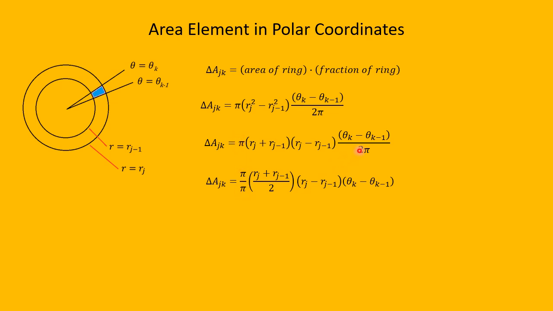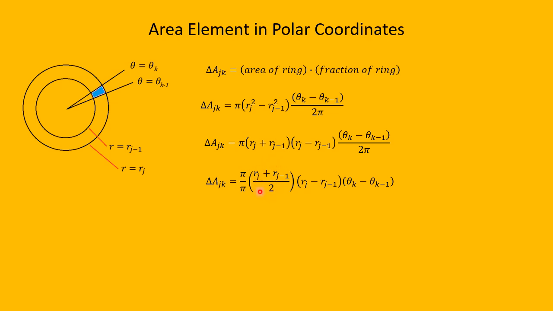This 2 in the denominator we will put in the denominator of a fraction having this as the numerator. And so the area of that subregion is pi over pi times this factor times this factor times this factor. Now, first, pi over pi is 1.